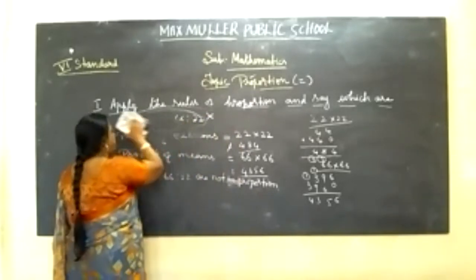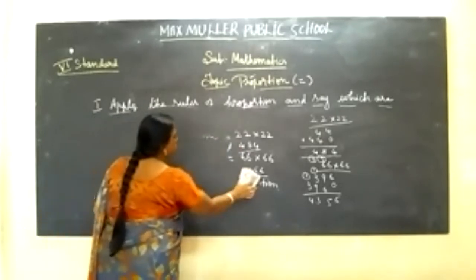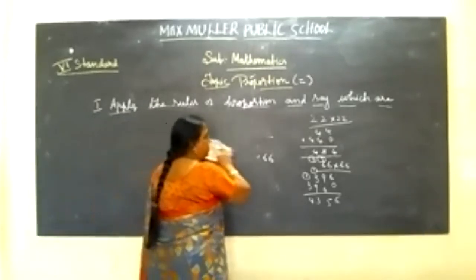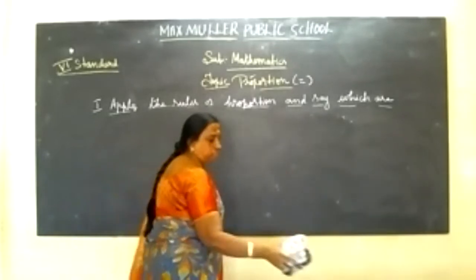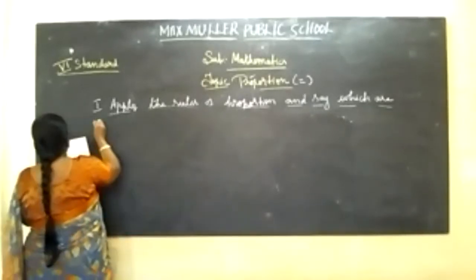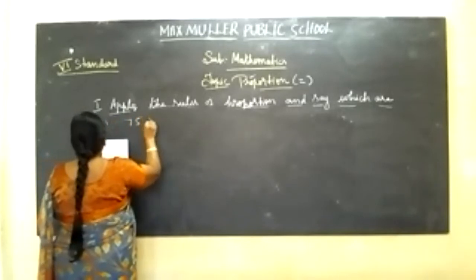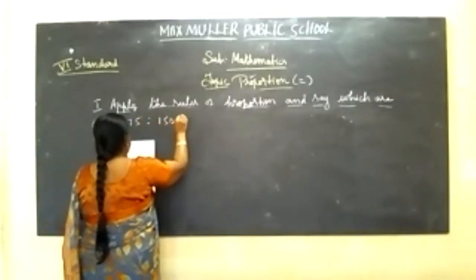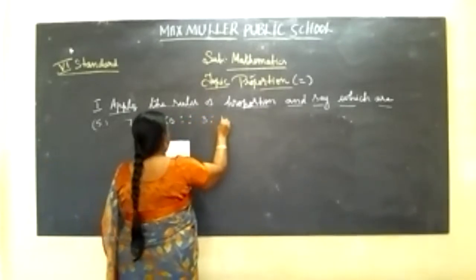Now question number 5. One more sum I'll do in this and I'll give 2 or 3 sums as homework. Now, fifth sum: 75 is to 150 as 3 is to 18.